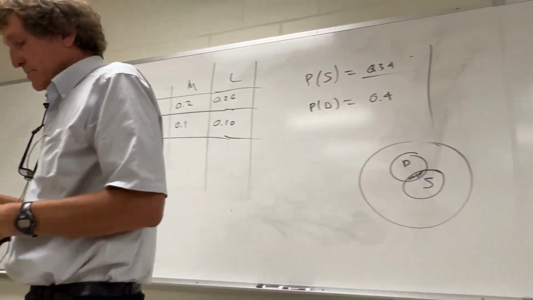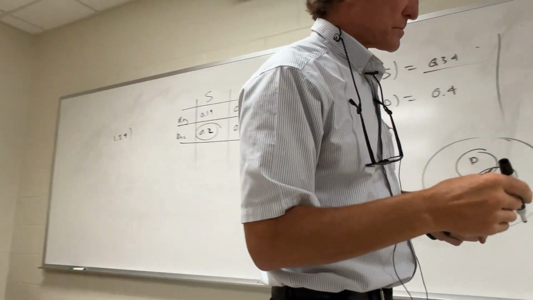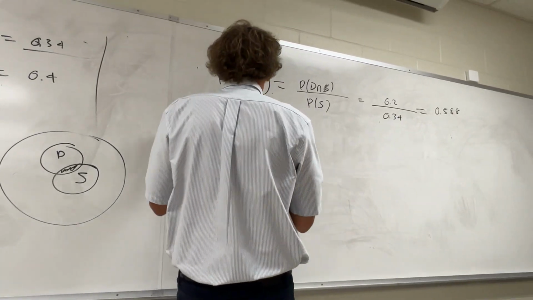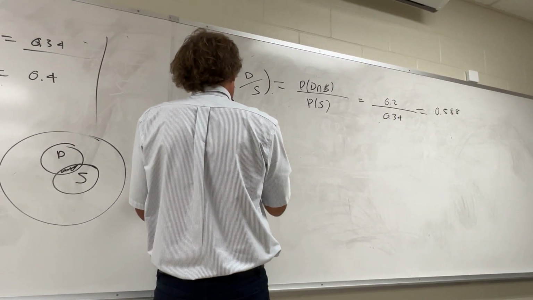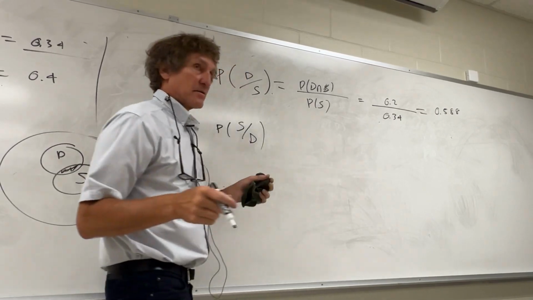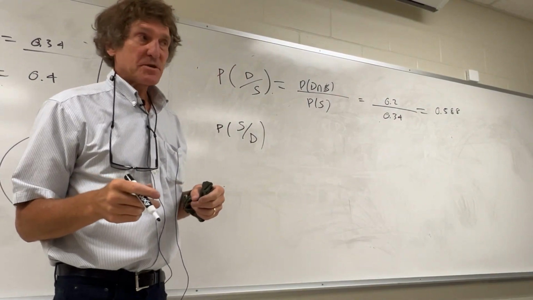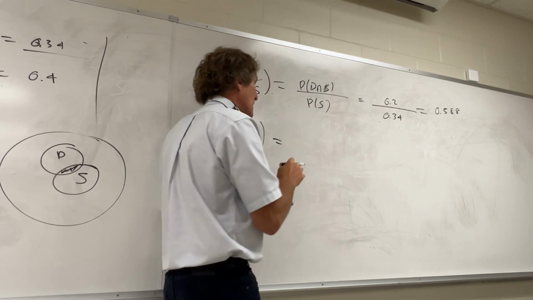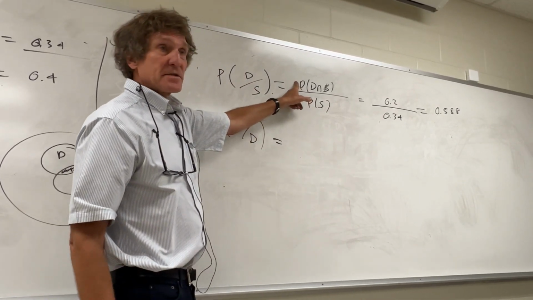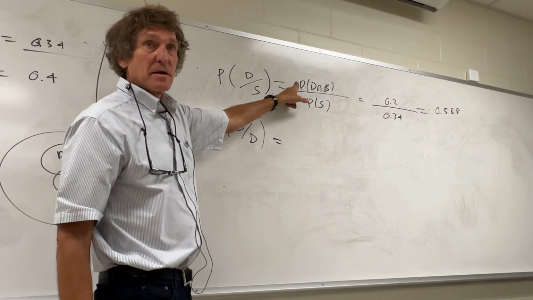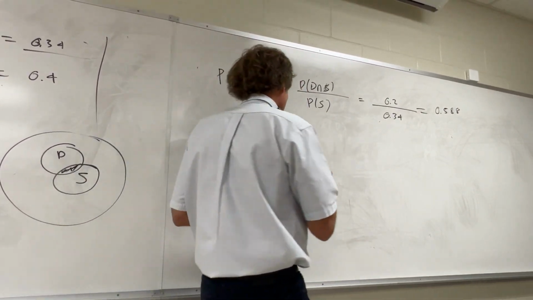What's the next part? If we learn that they selected a decaf, what is the probability that the small size was selected? Now we want the probability of small given a decaf is selected, right? What changes? P of S goes to P of D. The top stays the same.